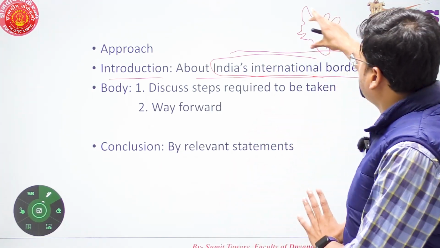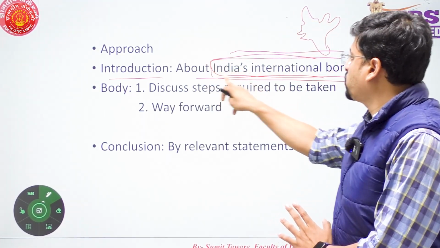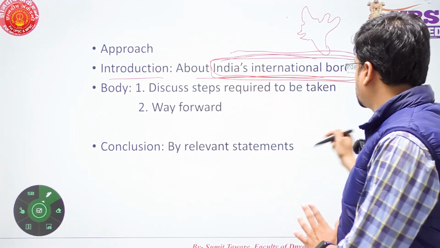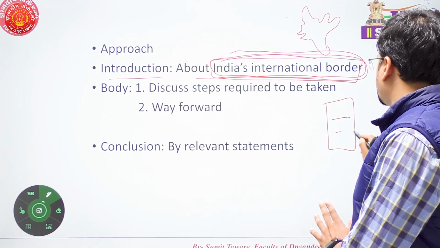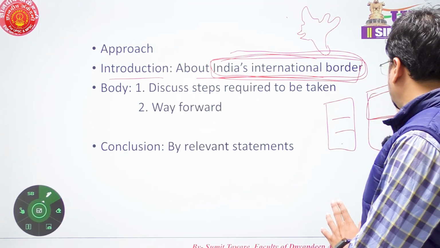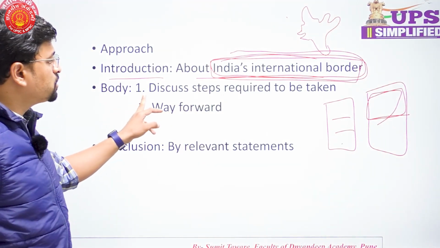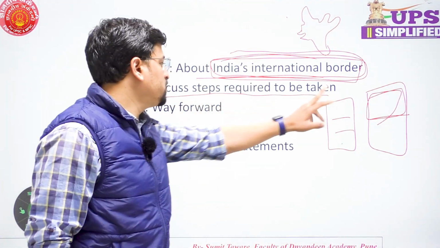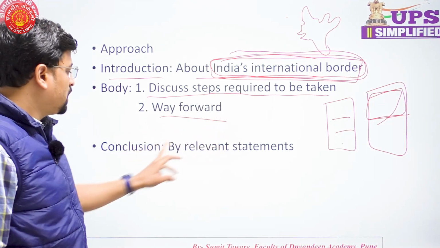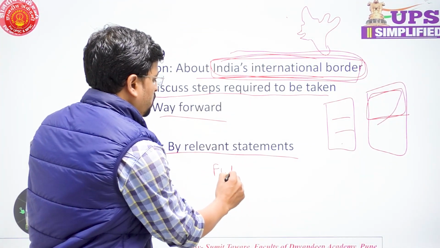But that should be a very small map, because we are not expected to write about India's border on one single page. Your introduction and map should be completed in less than half a page in the main examination. Then we are supposed to discuss the steps required to be taken, then the way forward, and a conclusion with a relevant statement, which should be futuristic.